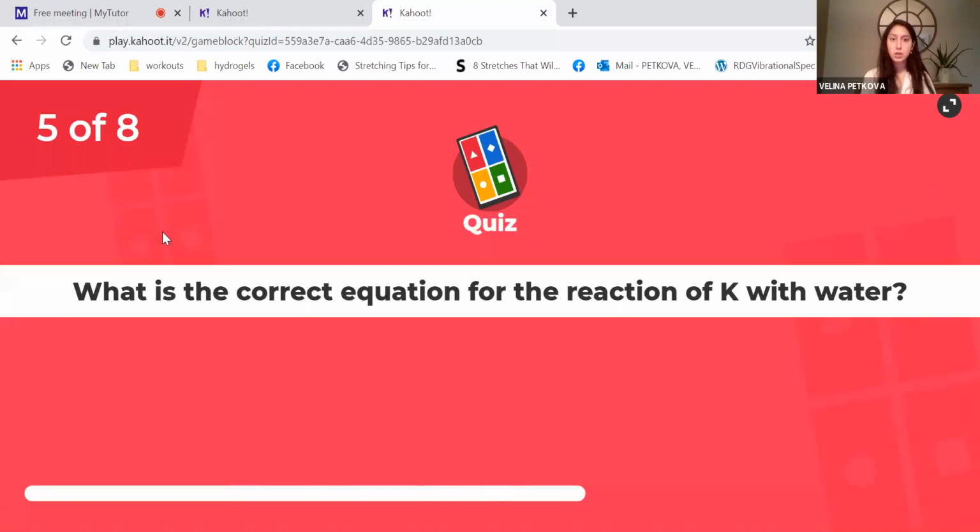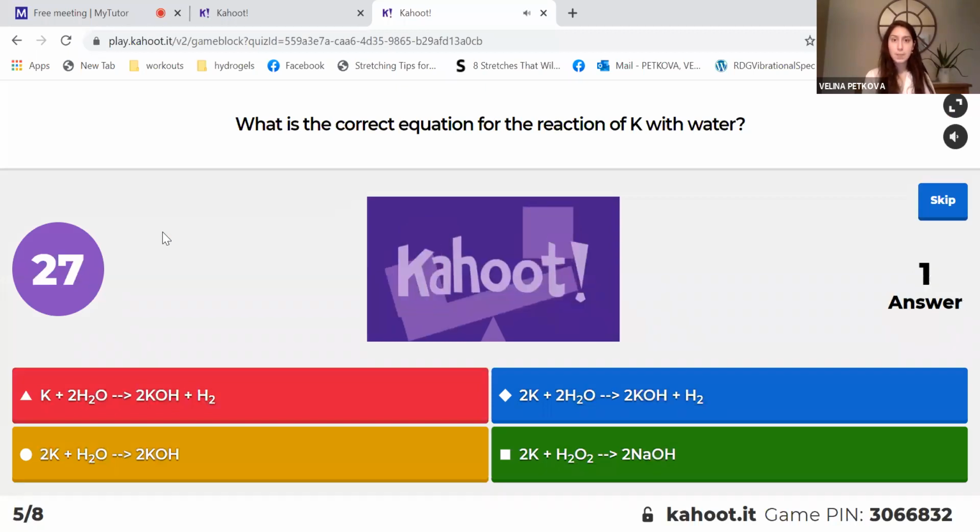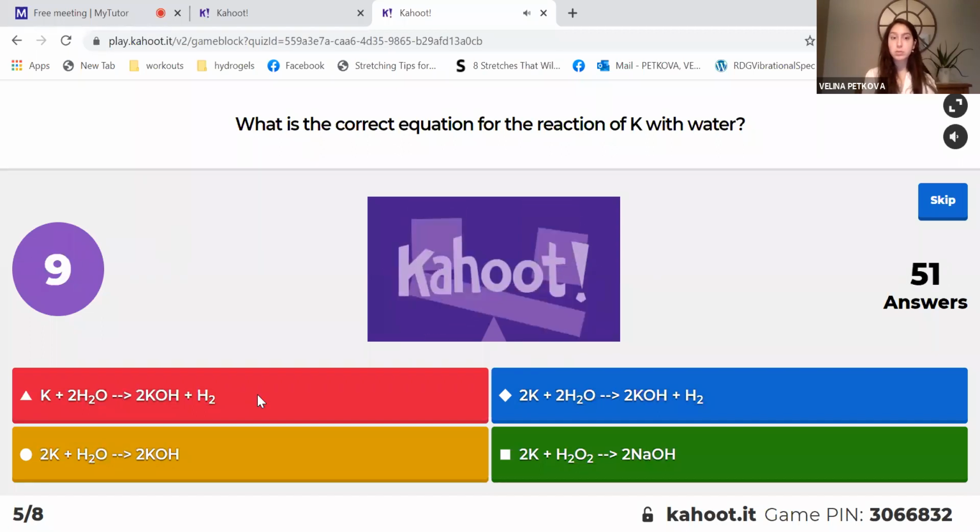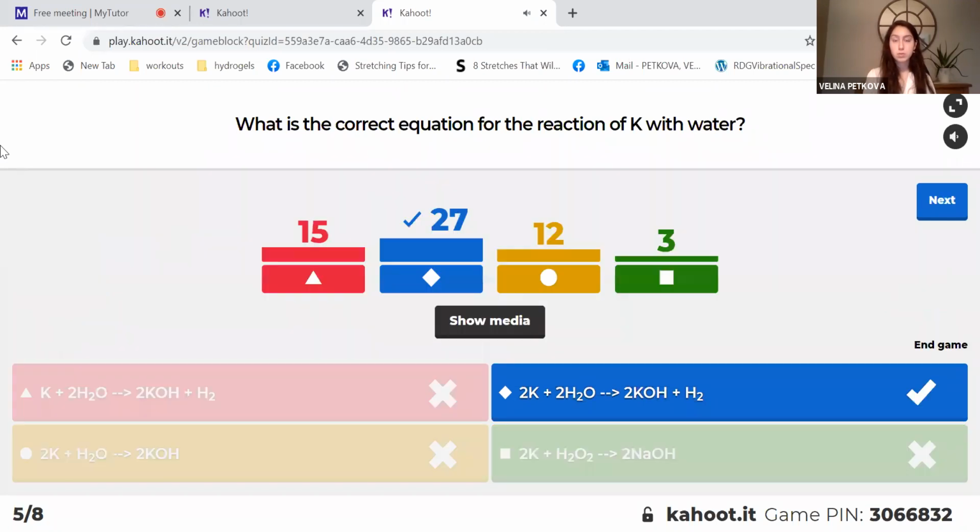So what is the correct equation for the reaction of potassium with water? So what happens when potassium reacts with water? Okay, so we'll go through the answers.